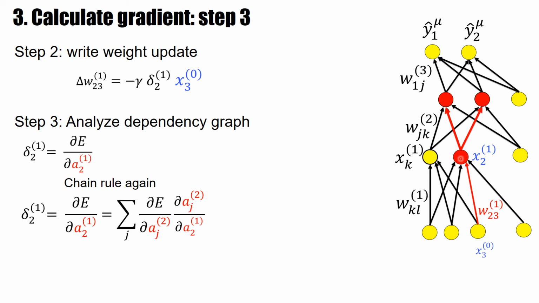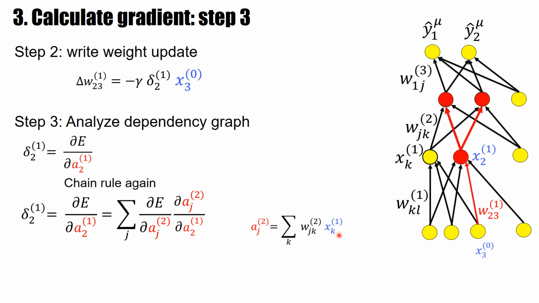But this activation variable will influence activation variables there. And so we have to sum over the activation variables in one layer further up, here in layer 2, and evaluate this individually. So let's look at this term.